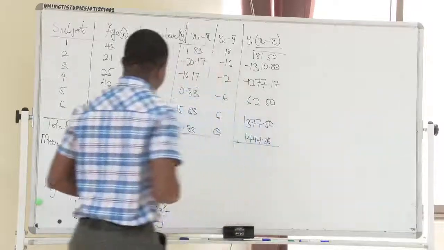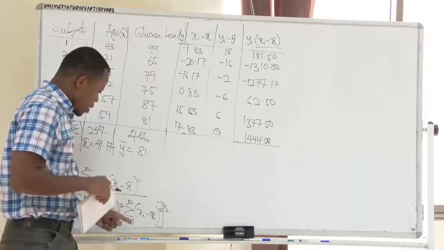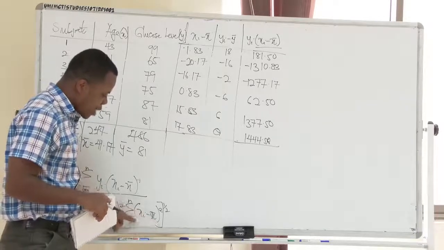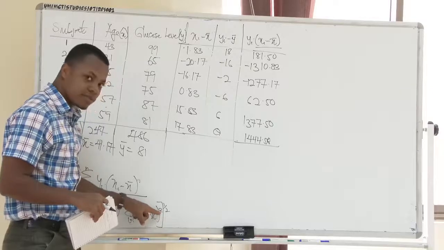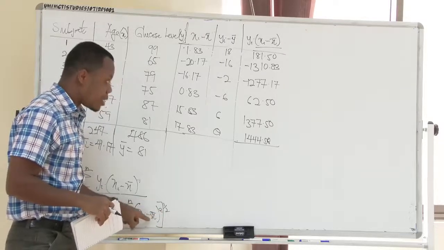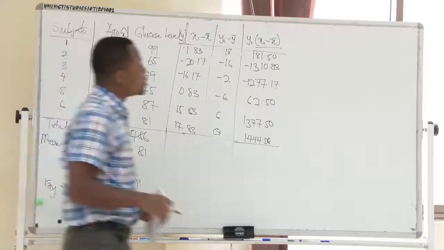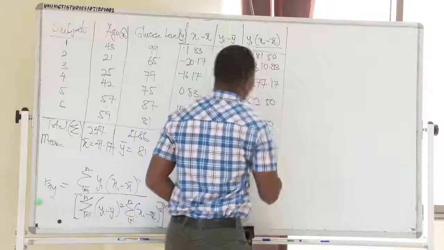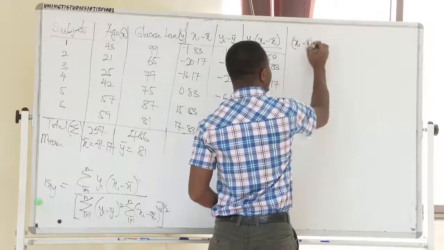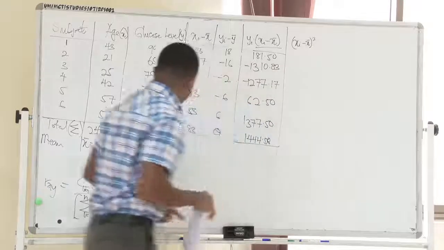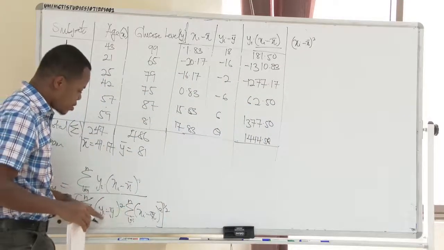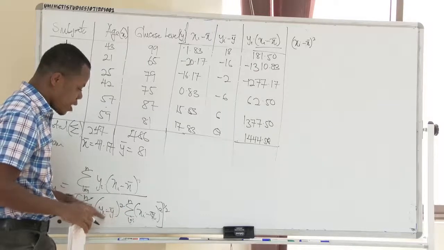Now remember, once you come down here, each of these components has been squared. So it means that you have to find xi minus x bar all squared. And if you look, this portion has also been squared, so we also have to find the square of this parameter.